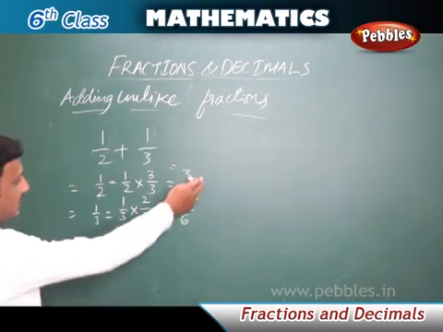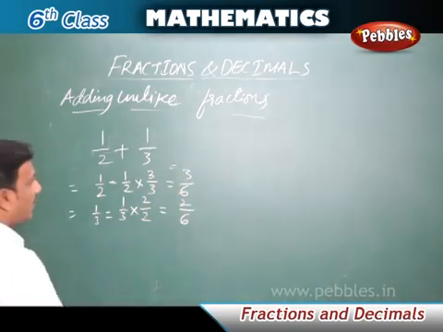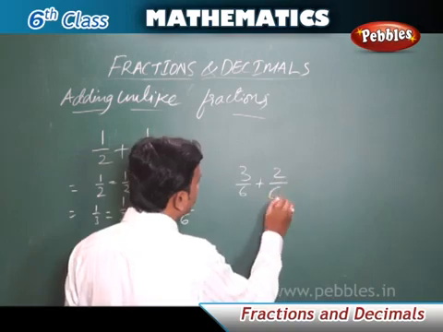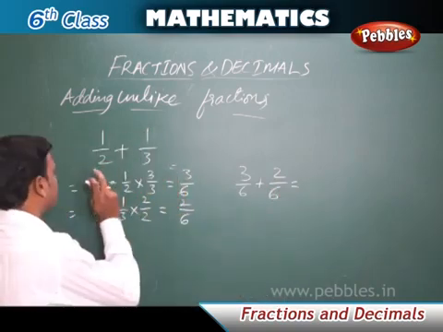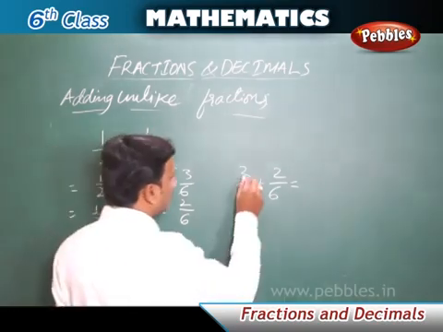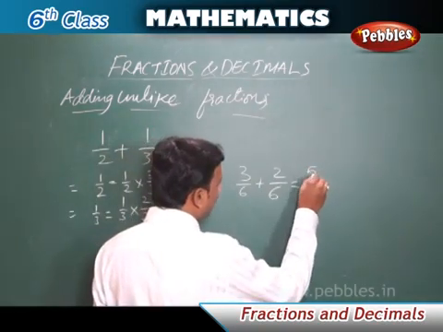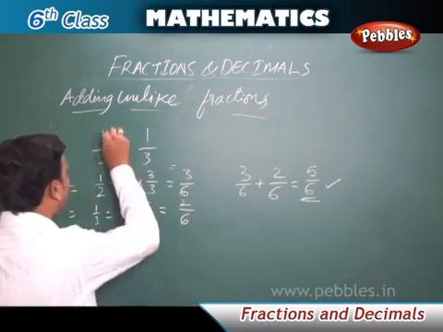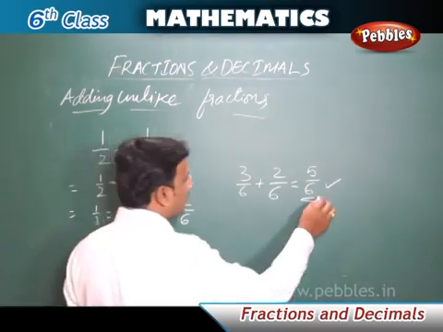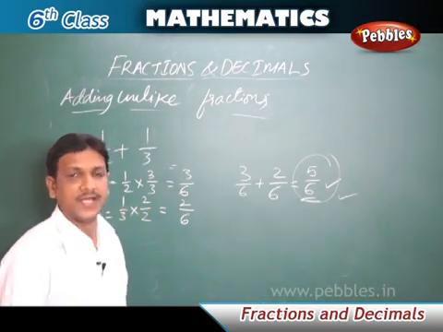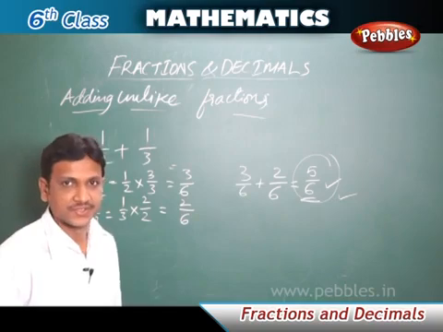So now we got 3/6 plus 2/6. Both these fractions, 1/2 and 1/3, are converted to like fractions now. So 3 plus 2 is 5/6. So the addition of 1/2 and 1/3 is 5/6.